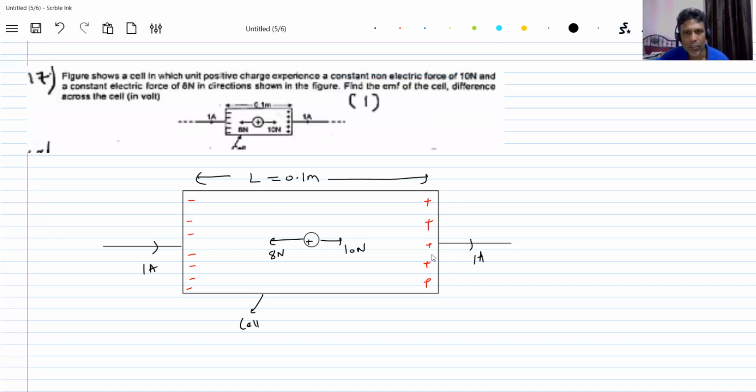The words are there, constant non-electric force. What do you mean by the 10 Newton? Tell me, what is that 10 Newton?